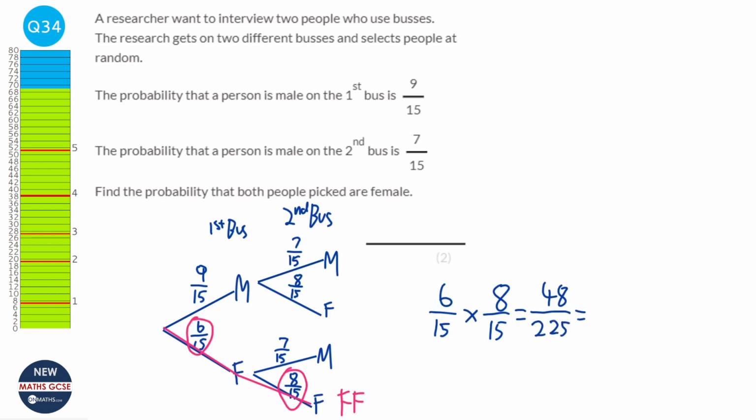Now you can actually cancel that down. Can you divide top and bottom by 4? No, you can divide top and bottom by 3, and that would be 16/75. So either 48/225 or 16/75.